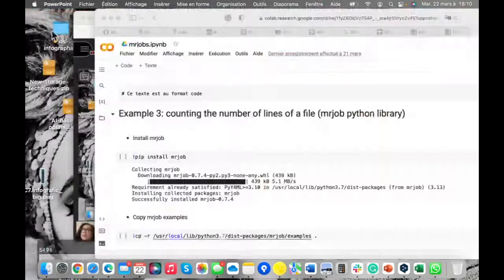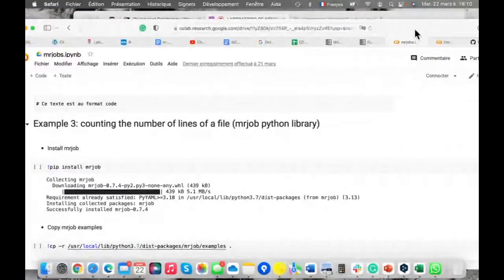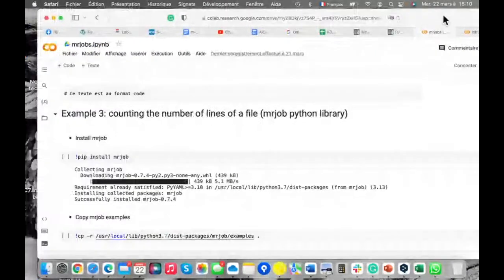I want to minimize this to make sure that I have as few windows as possible. Please tell me when you have opened the notebook.